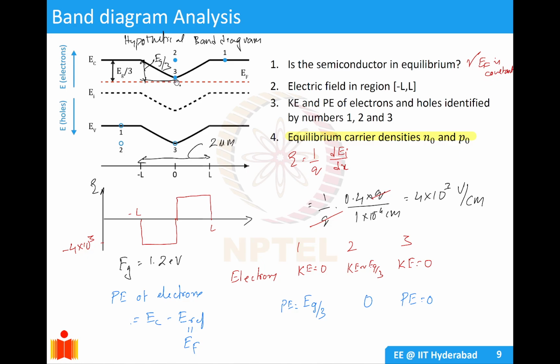At point 3, your kinetic energy is zero because it's lying on the band, and your potential energy is also zero because EC is almost touching EF. Similarly, for holes, you can calculate.